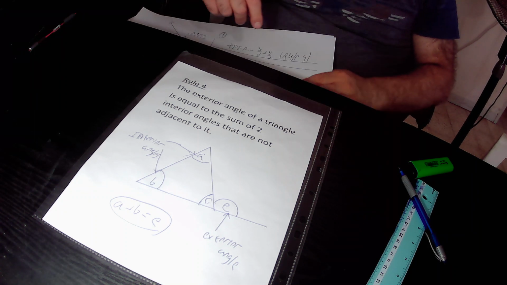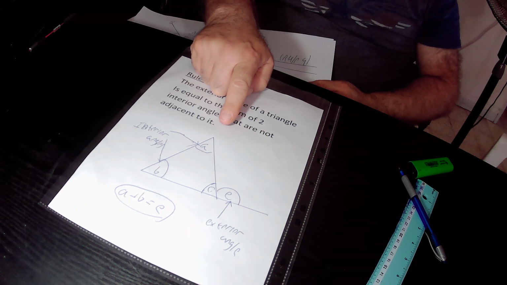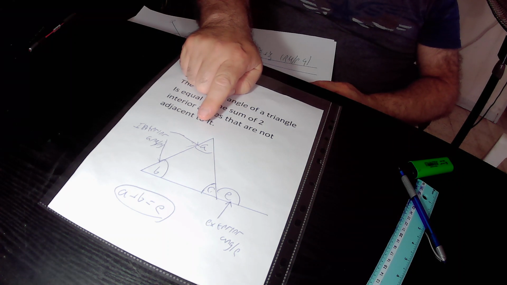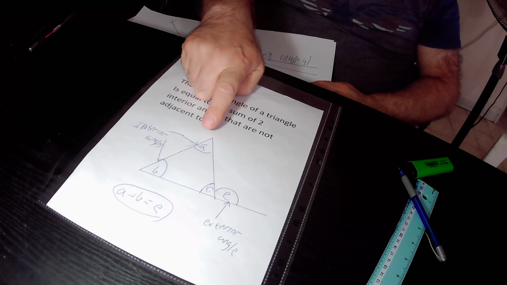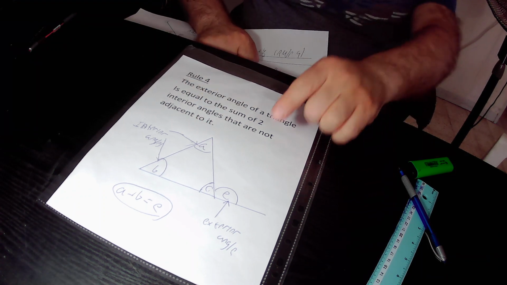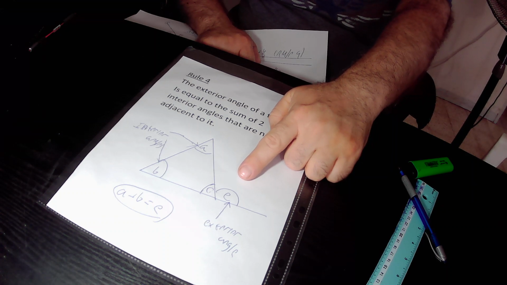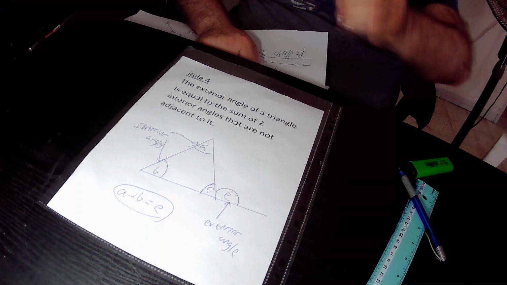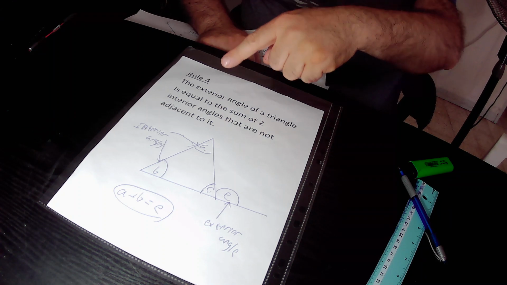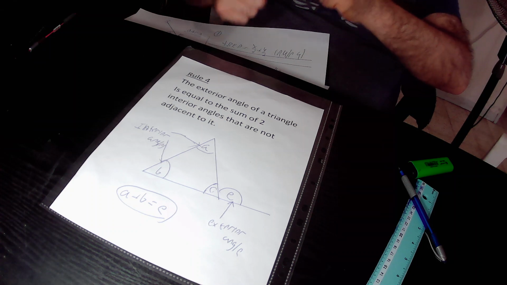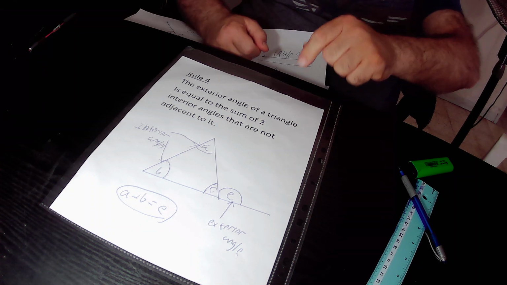So in the drawing we have a triangle. Inside this triangle we have three angles, A, B, and C, and all those three angles are defined as the interior angles of this triangle ABC because they are located inside the triangle, while this is angle E that is located outside this triangle, and this angle is defined as an external angle. So according to rule 4, the size of this external angle E is equal to the sum of the two interior angles that are not adjacent to it.